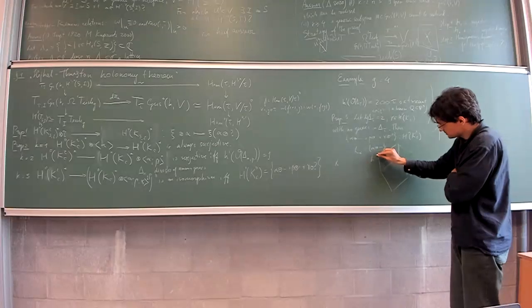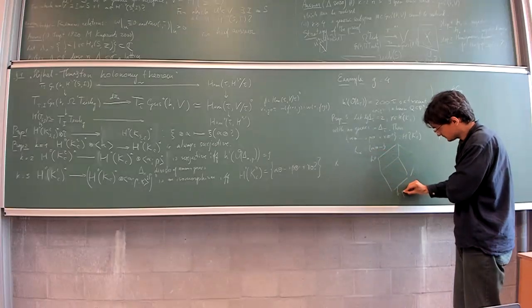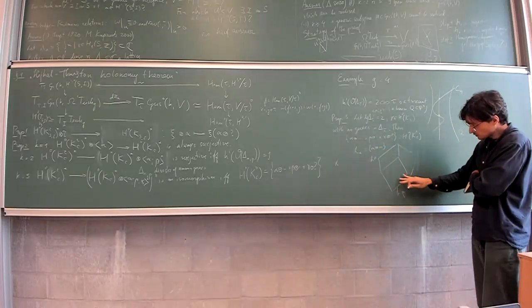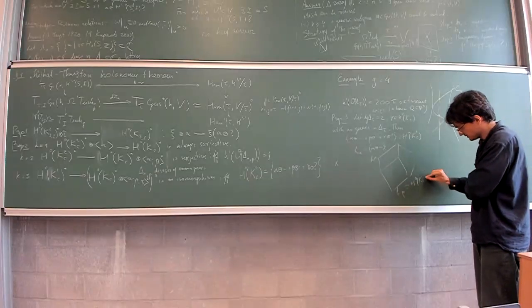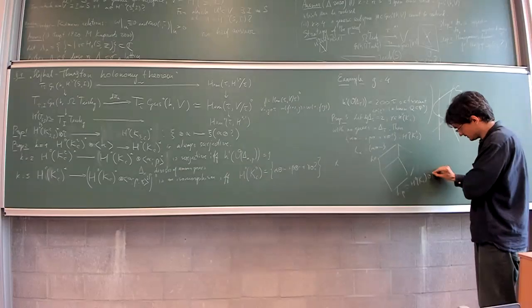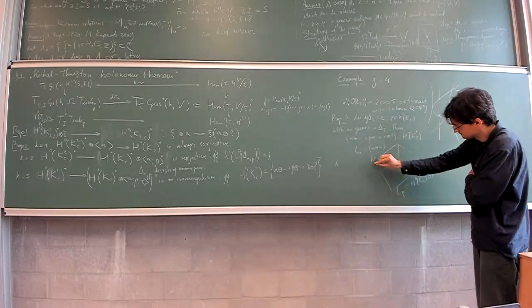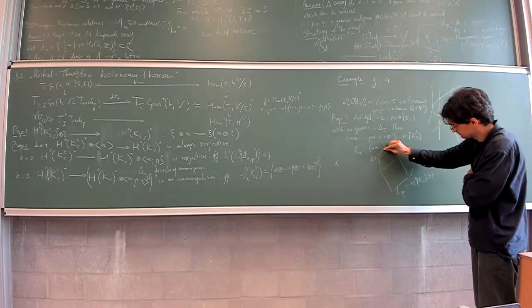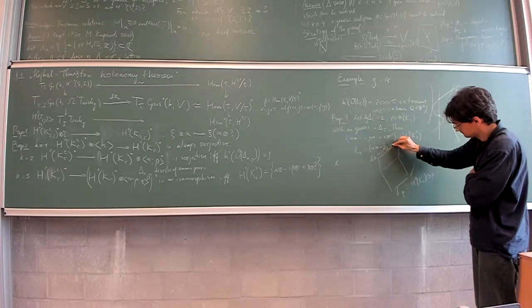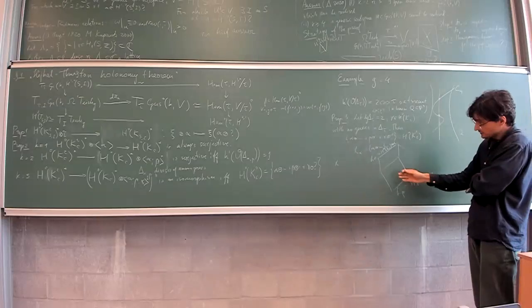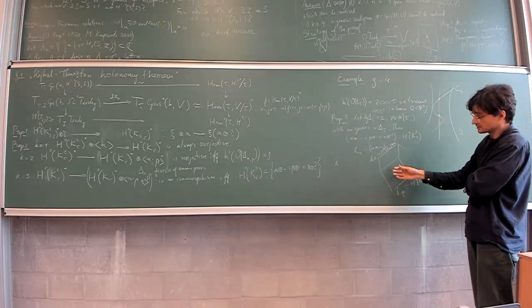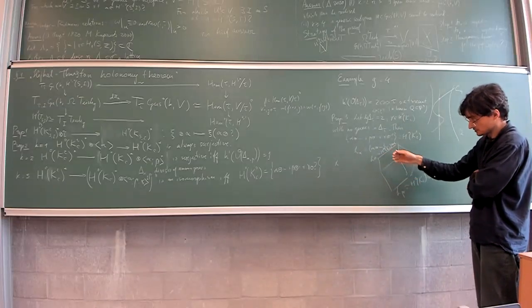So we look at two subspaces, L alpha and L beta, which are both isomorphic to H0 of K, of course. And we have a pair of linear functions here and here.